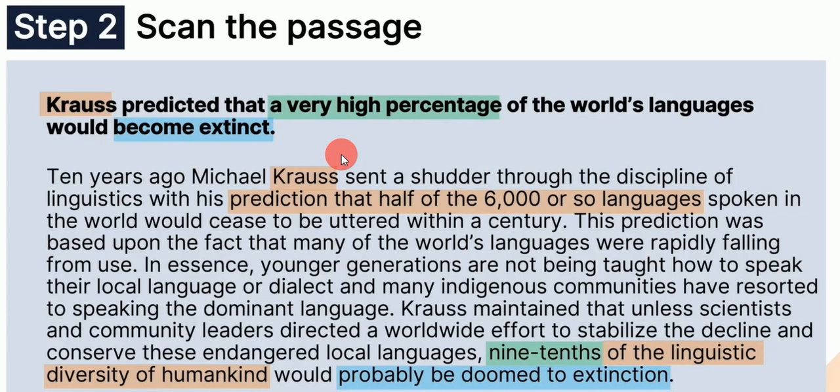The paragraph also mentions other words from the question, but in different forms, such as predicted, which is in this sentence as prediction, and you can see that high percentages is similar to 9/10. A paraphrase of become extinct appears in the last sentence as doomed to extinction. So, this is the correct part of the text that you need to read to complete the question.